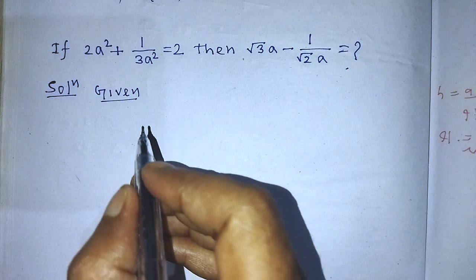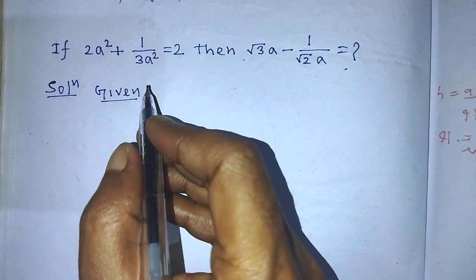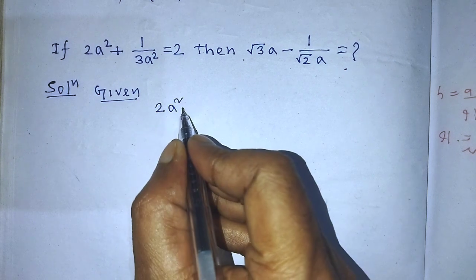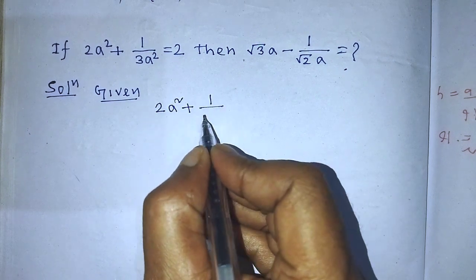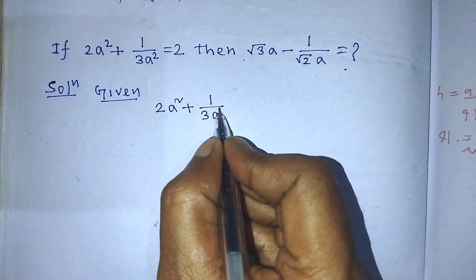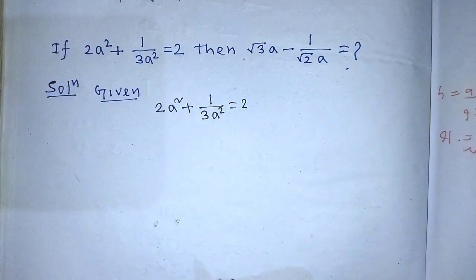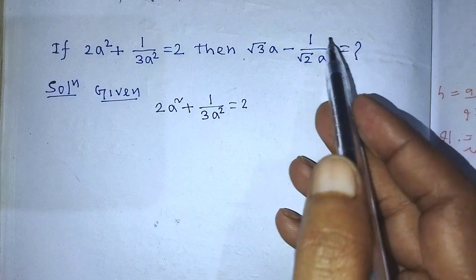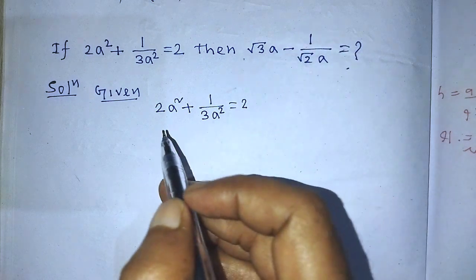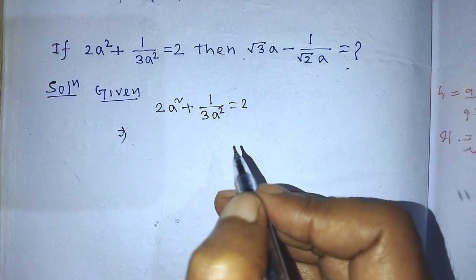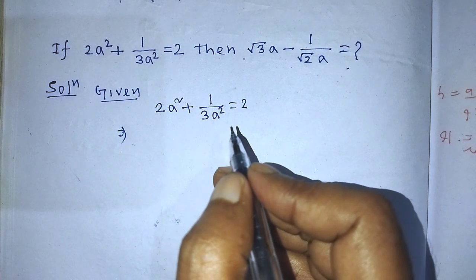So my dear student, our given algebraic equation is 2a² + 1/(3a²) = 2. To find the value of this algebraic expression from this equation, first of all we have to multiply by 3/2 on both sides.